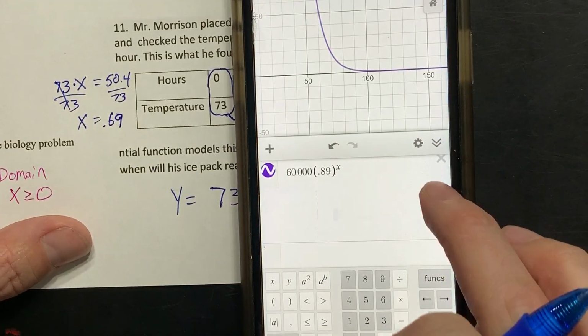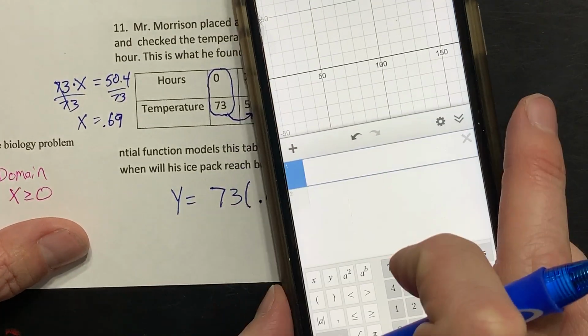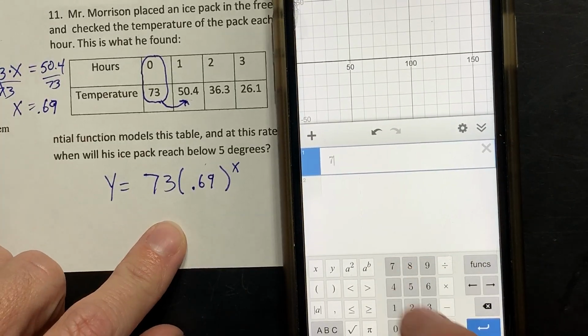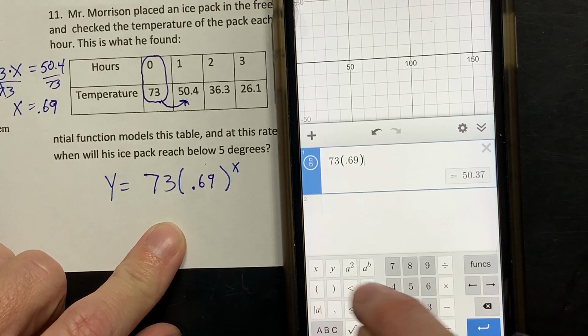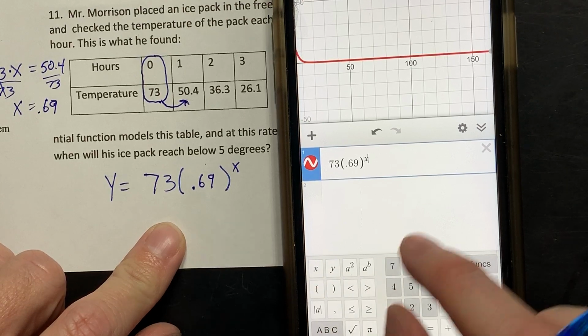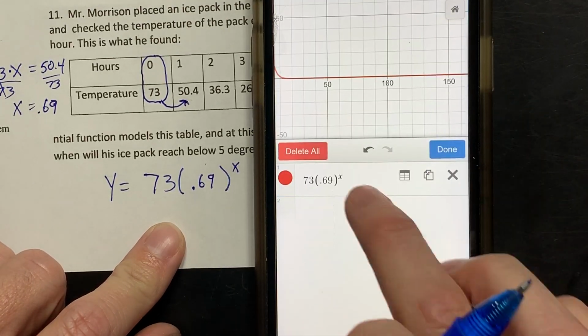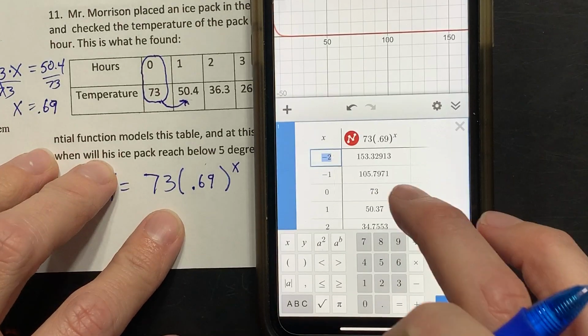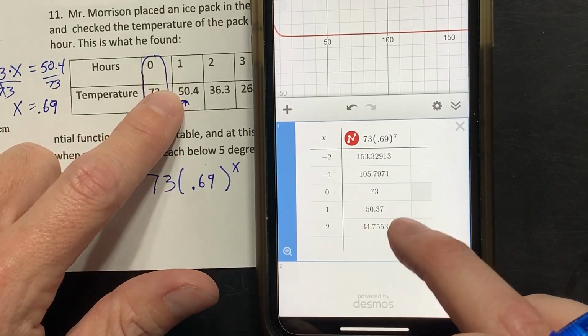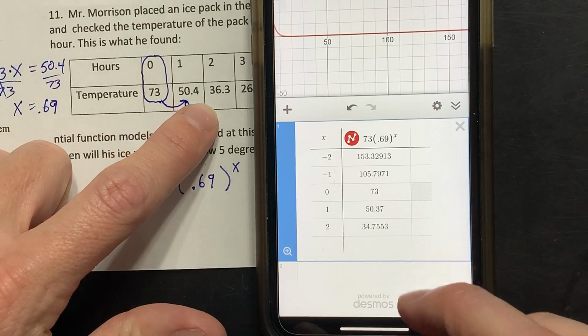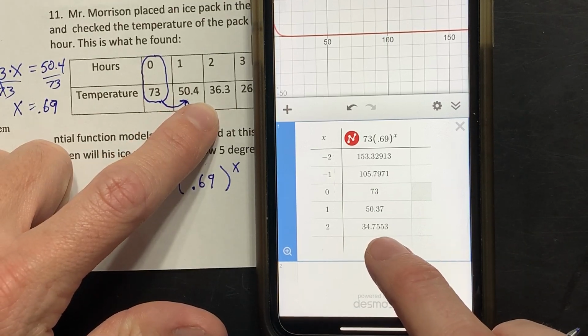To confirm this, I'm going to go graph what I think my equation is. 73 times 0.69 to the power of x. I want to look at the table, and does it match up? 0, 73, 1, 50.37, 2 is 34 point something.